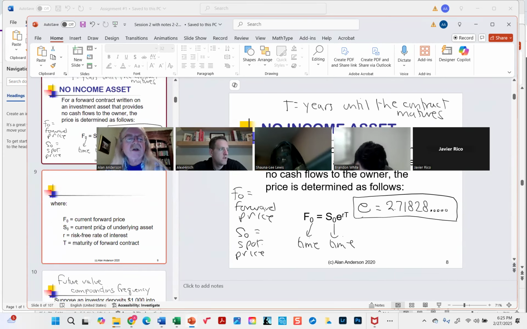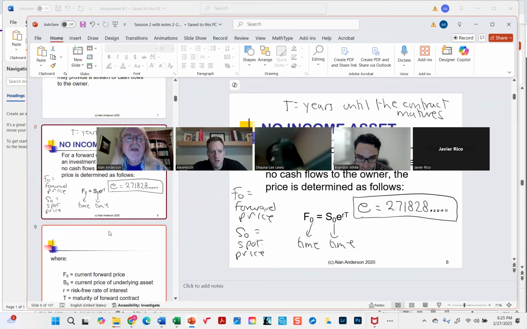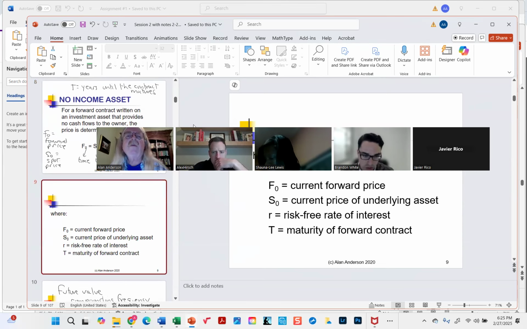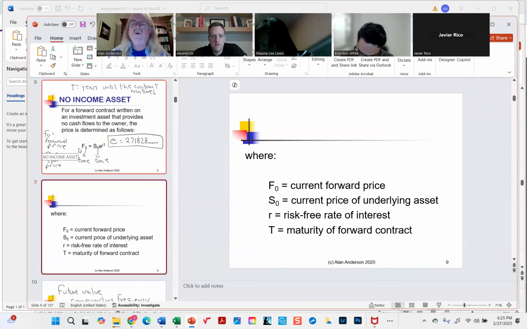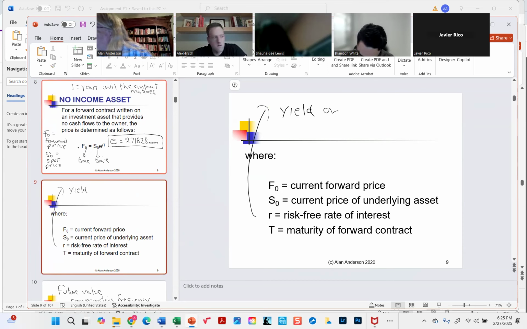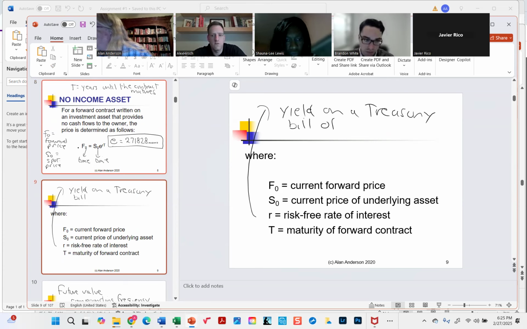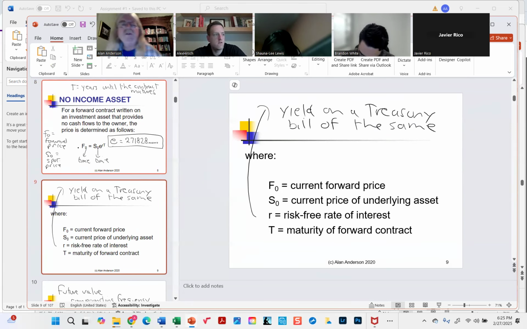We're going to see as we go along in this course that interest rates in these models almost invariably refer to the so-called risk-free rate, which means the yield on a treasury bill of the same maturity as the forward contract. So if this is a 3-month forward contract, we need the 3-month treasury bill yield for this formula.